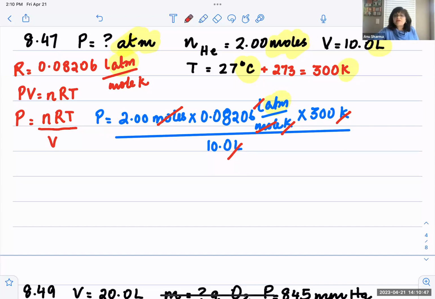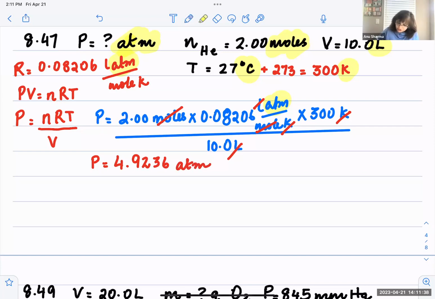So let's do the math. When 2 is multiplied by 0.08206 times 300 divided by 10, you get the value of 4.9236 ATM.